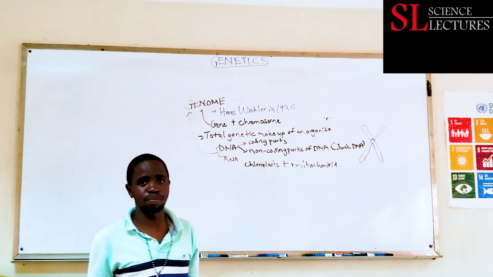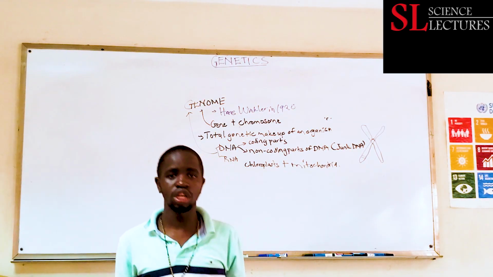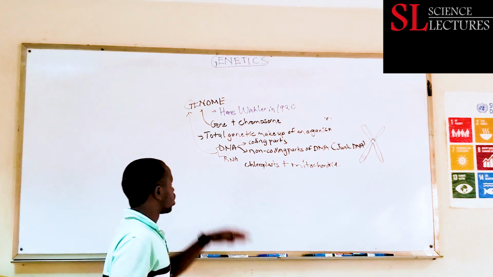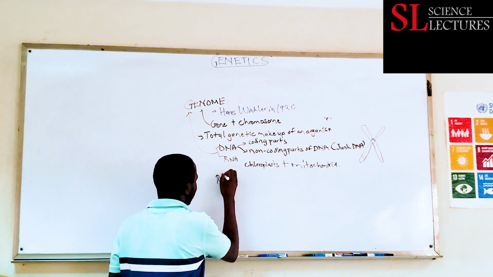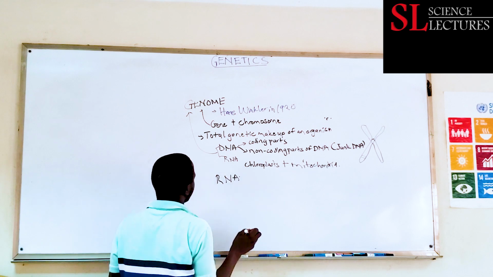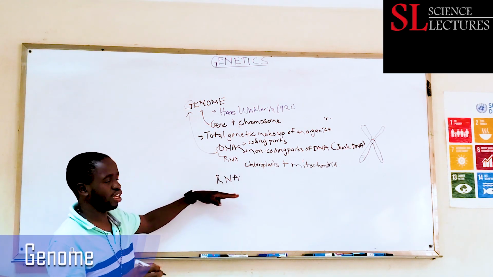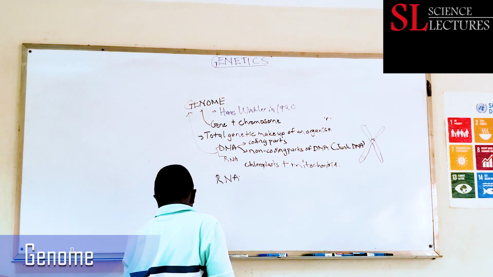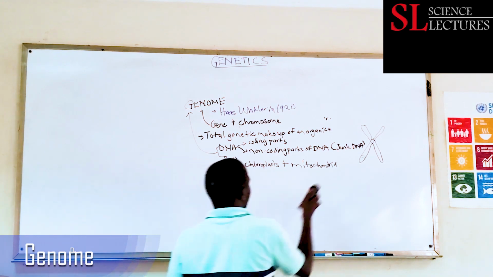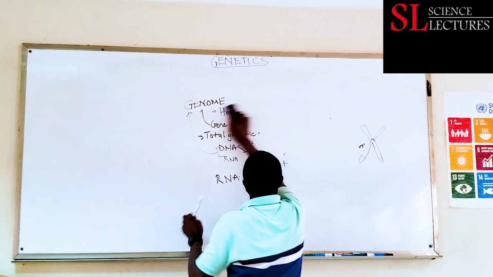Retroviruses don't have DNA but store their genetic information in the form of RNA. So their genome is made up of RNA. When I say the genome of a retrovirus, I'm meaning its RNA. So I just wanted us to have a clear overview of the word genome.